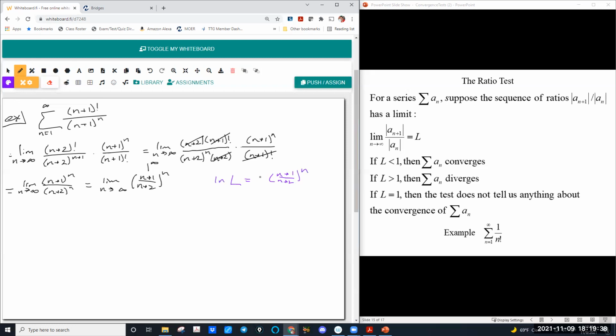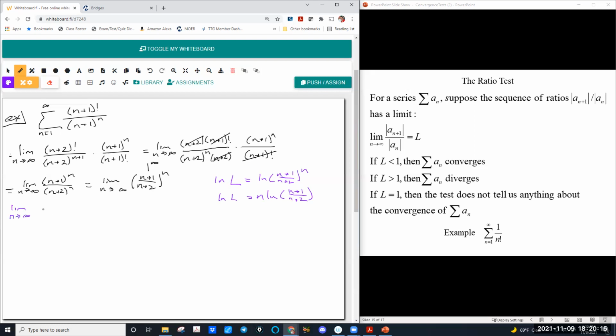And I'm going to take the natural log of both sides. So we're going to rewrite this so that we don't have that n up there. What I'm going to do is find the limit of the ln of L, and then we'll convert it later. I'm not going to write in equals because these aren't exactly equal. What we're solving for is the ln of L.